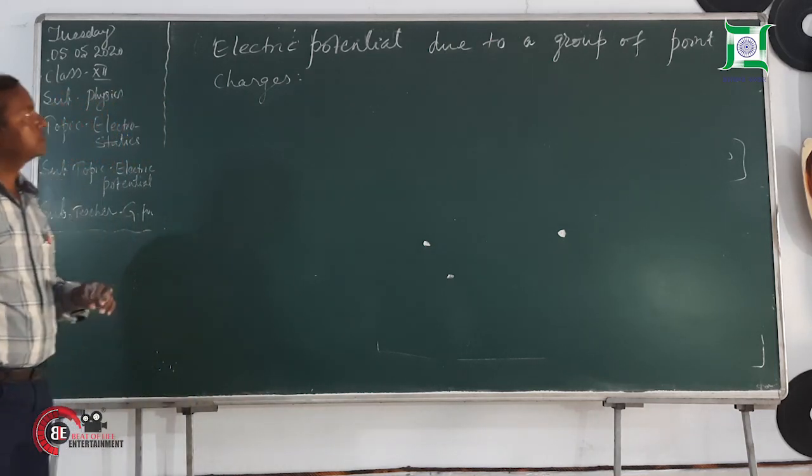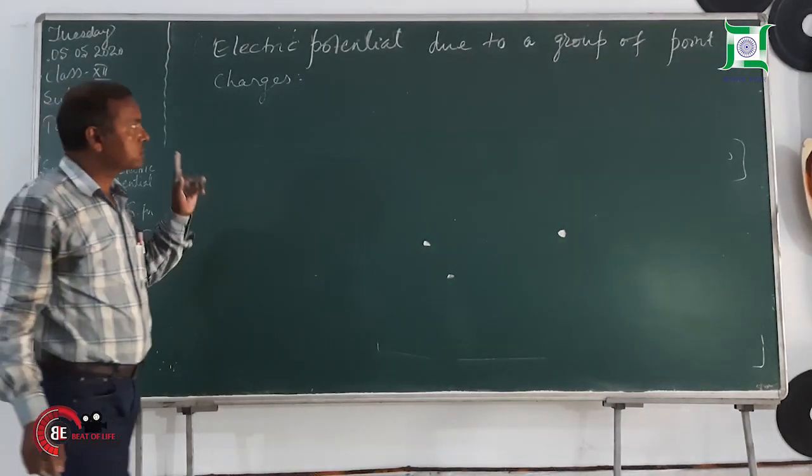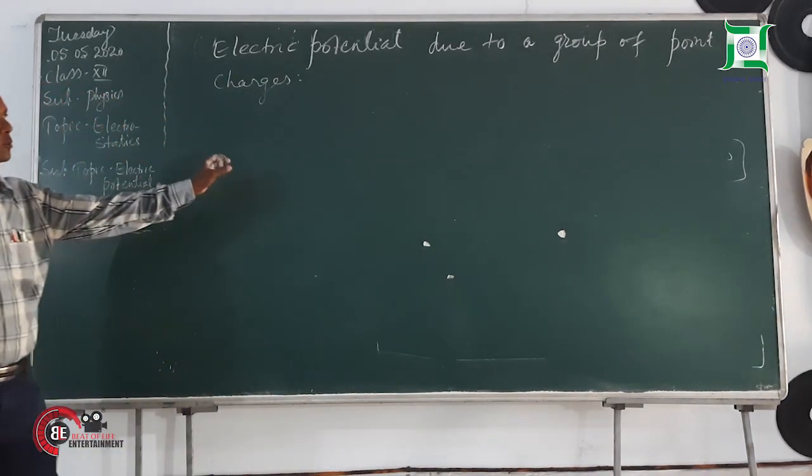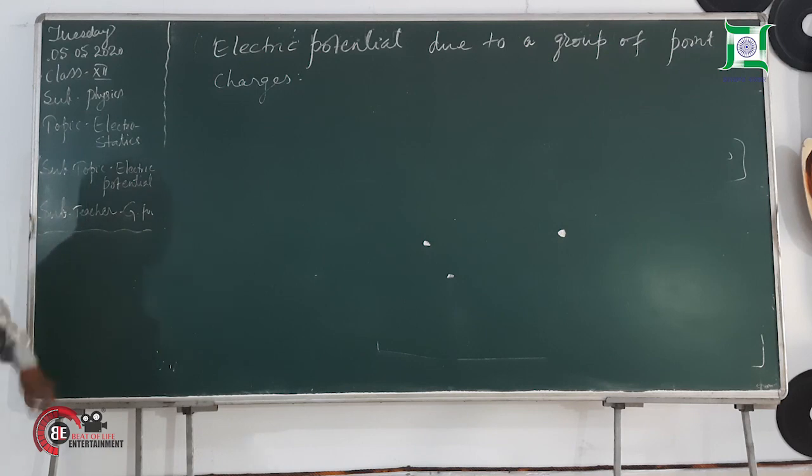Previously we have calculated the electric potential due to a point charge. Here we will calculate the electric potential due to a group of point charges or system of charges.